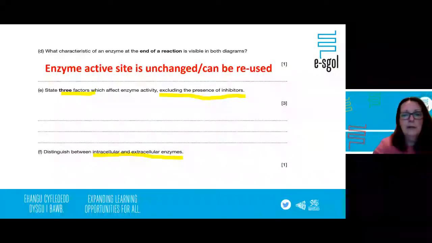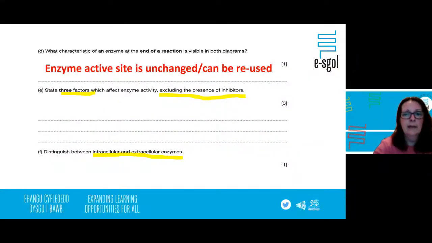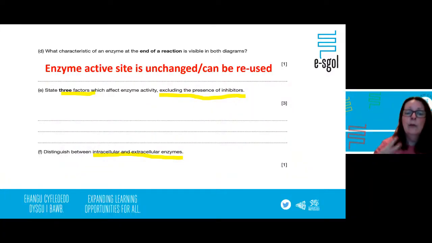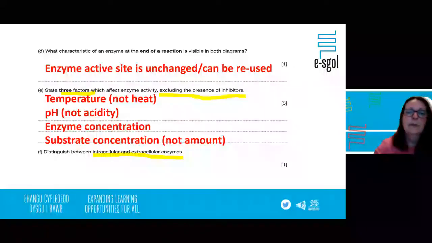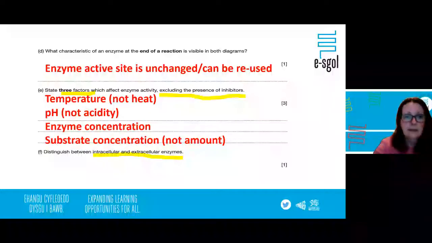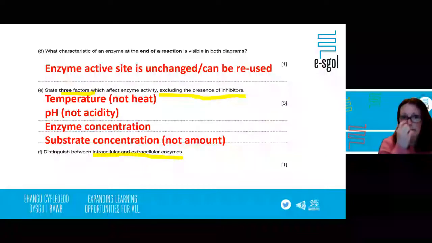And 3 factors which affect enzyme activity, but not including here anything to do with inhibitors. So this is referring back to the diagram we looked at earlier, where there were 4 factors that affected enzyme activity. Let's see what you can remember. So there was temperature, very specifically, not to mention heat. So temperature is one of the factors that can affect enzyme activity.